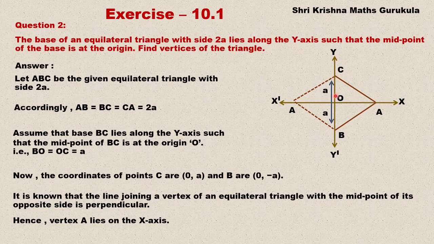This is the triangle we are going to consider for applying the Pythagoras theorem, that is triangle AOC. In triangle AOC, we know the length of AC is 2a, and we know OC also, the length of OC is a units. That is OC square plus OA square is equal to AC square, right?